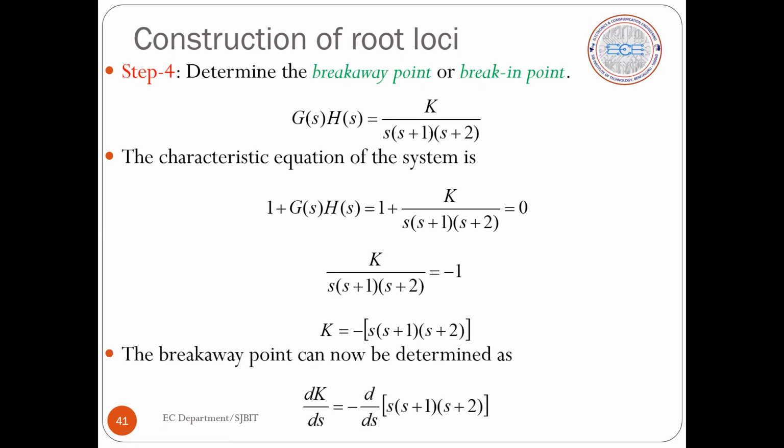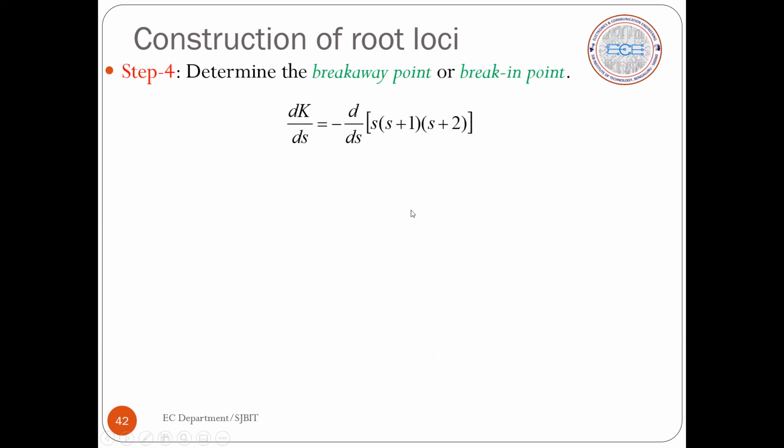Differentiate this. If you differentiate this, you will get the breakaway point or break-in point based on the pole-zero plot. We have expanded this because differentiation of this is tedious. So we expand it, get an equation in terms of s, and differentiate it.